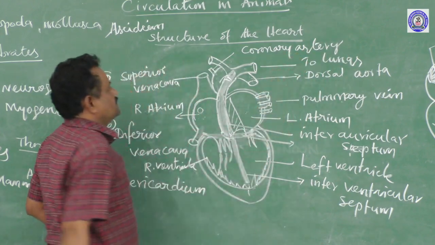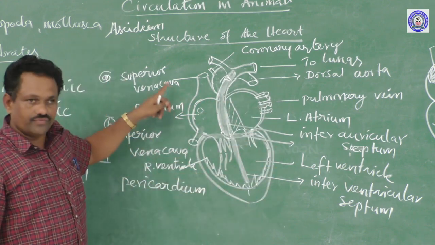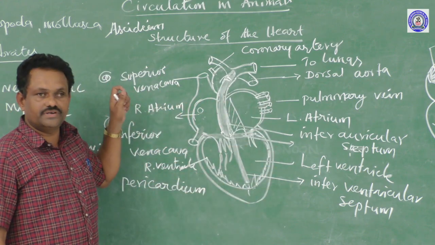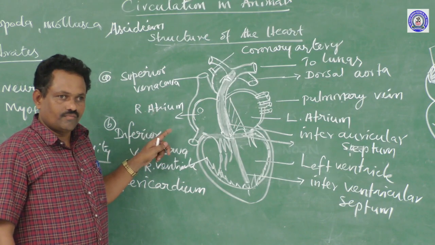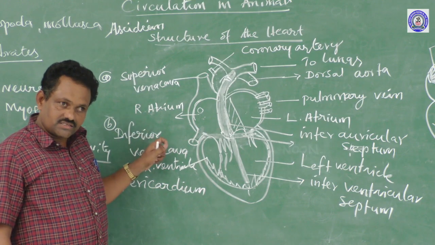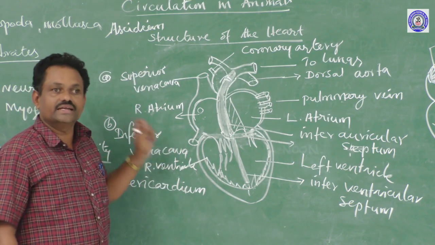This coronary artery supplies oxygenated blood to the walls of the heart, because the heart is made up of specialized heart muscle or cardiac muscle, which is constantly functioning from before our birth till our death.